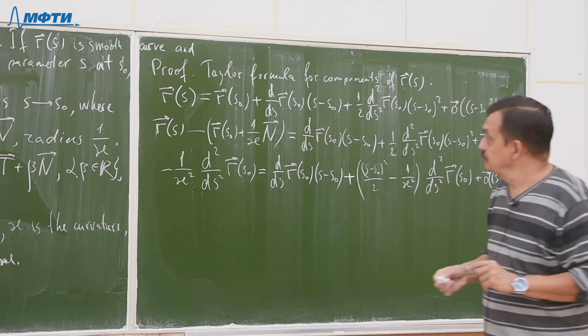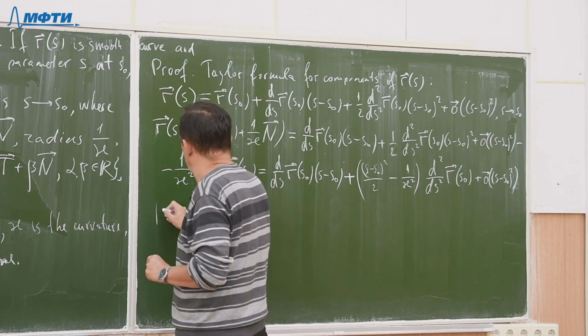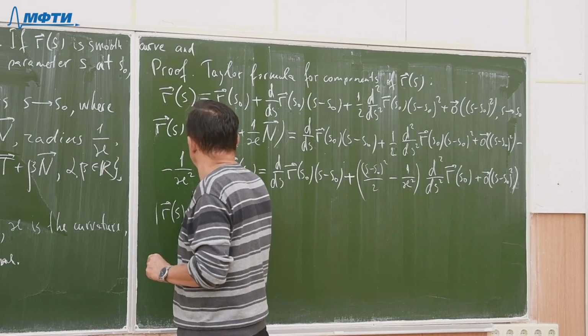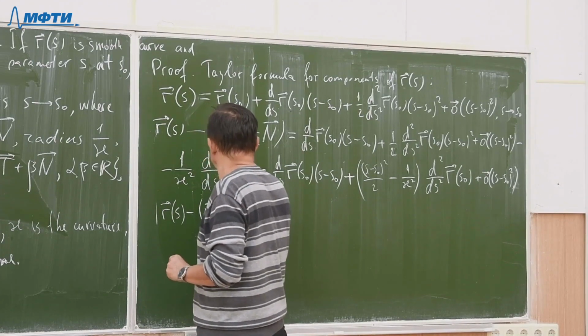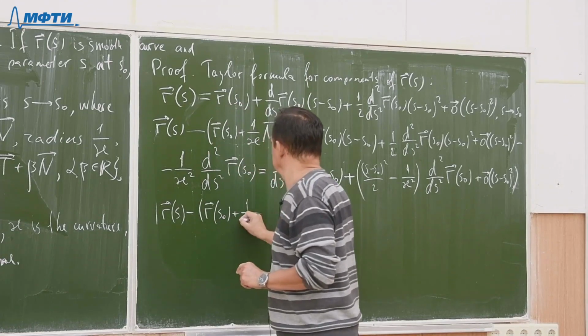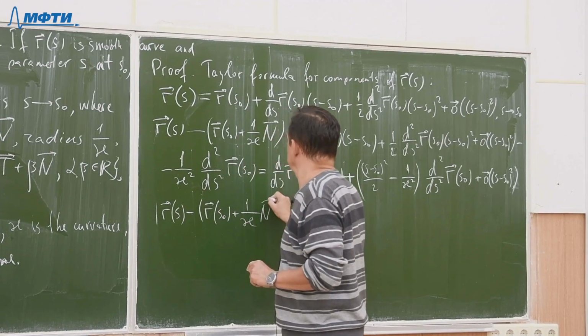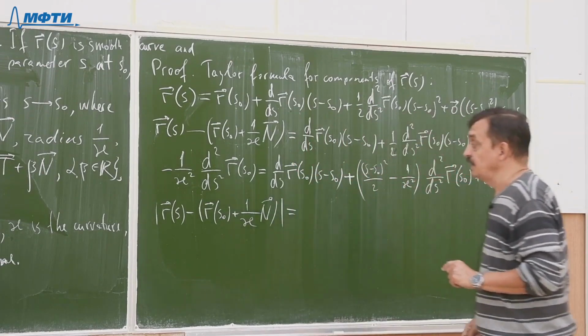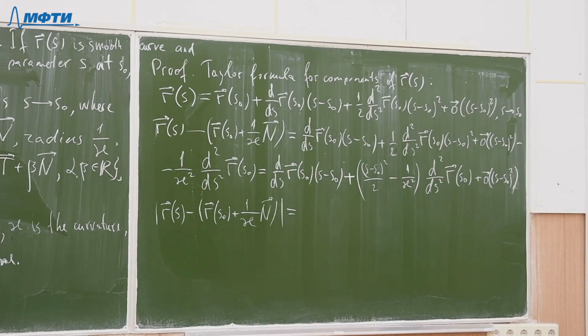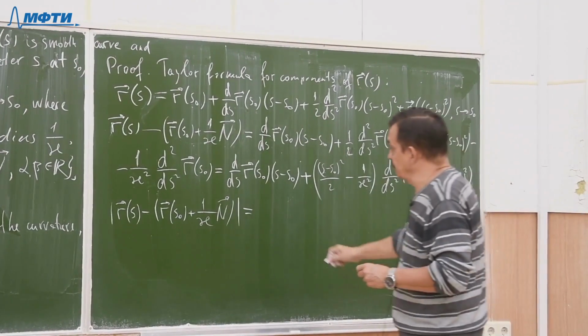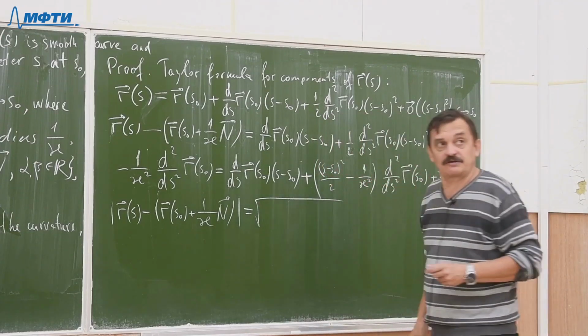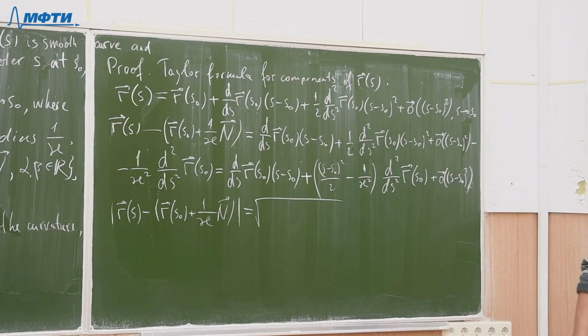And now, let us compute the length of our vector. The length of a vector in three-dimensional space, if we have an orthogonal frame, an orthogonal basis, T, n and a third vector, can be computed as square root of sum of squares of coordinates, right?